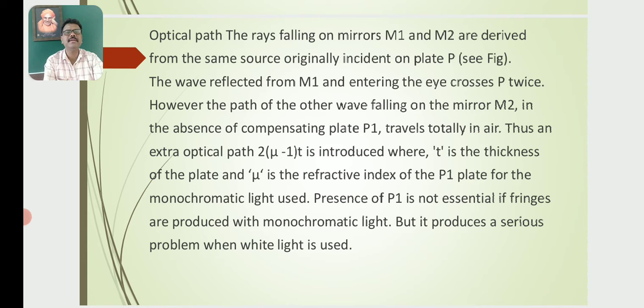The presence of P1 is not essential if the fringes are produced with monochromatic light, but it produces a serious problem when white light is used. So the plate P1 compensates the path travelled by the reflected ray and the path travelled by the transmitted ray.